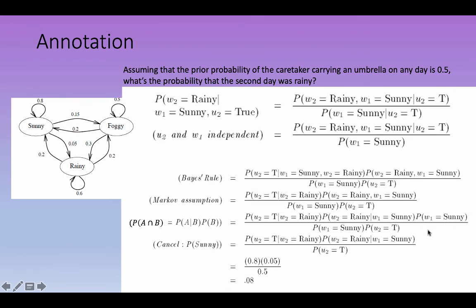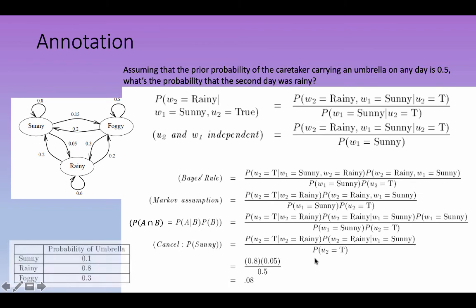Now I can cancel out these two sunnies here and here, right? And I end up with the probability that the caretaker is carrying an umbrella, given that it's rainy, right here, times the probability that it's going to be rainy in 2 days, given that tomorrow is going to be sunny, divided by the probability that a caretaker carries an umbrella.